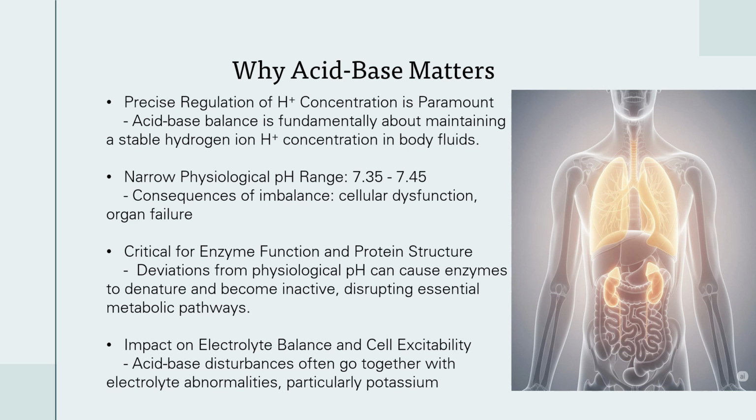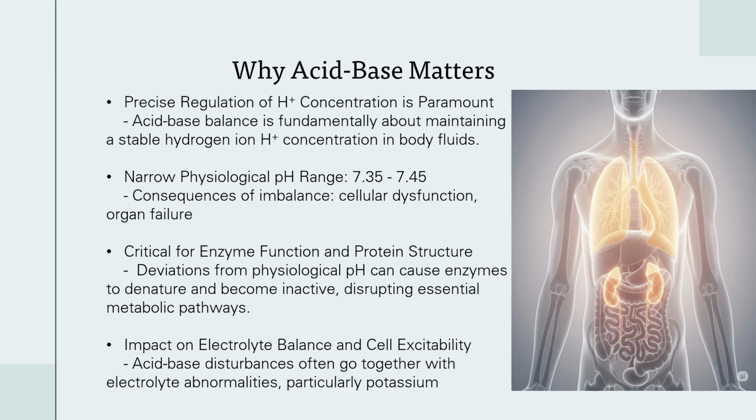That is the whole idea of maintaining a physiologically optimal pH range, in this case 7.35 to 7.45, to process biochemical reactions, to maintain homeostasis, and also avoid any kind of organ failure. So that's basically why we are studying acid-base balance.